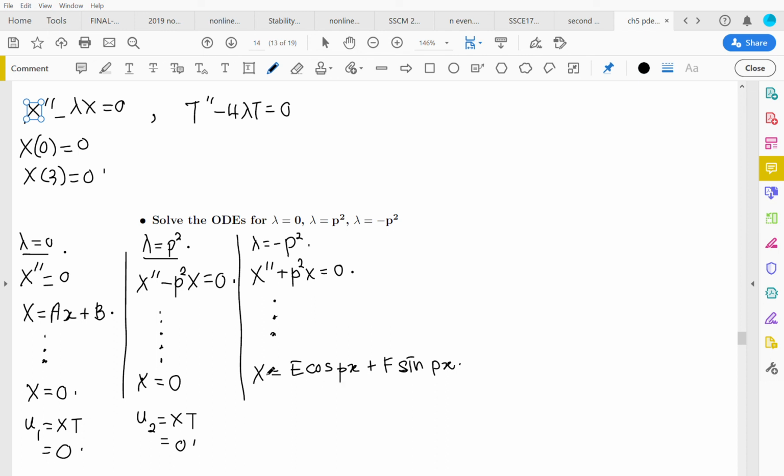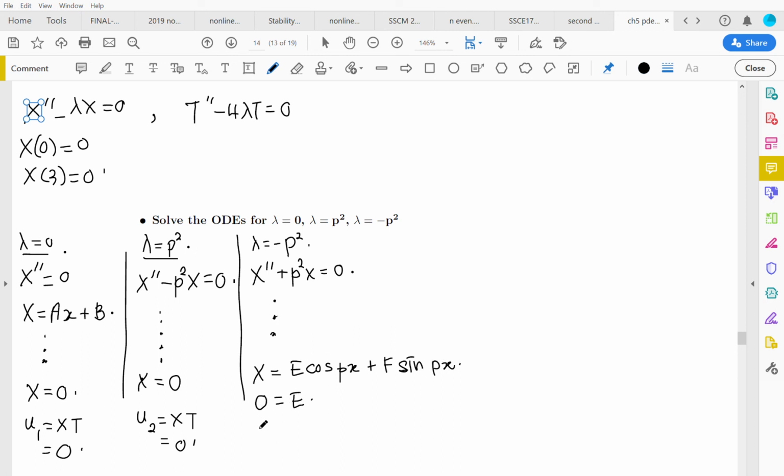Again, after you substitute the condition x0 equal to 0, here is 0 equal to e. For the first condition, cos 0 is 1, sin 0 is 0, so we have e equals 0.